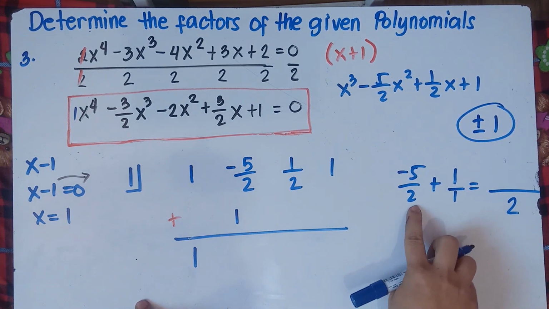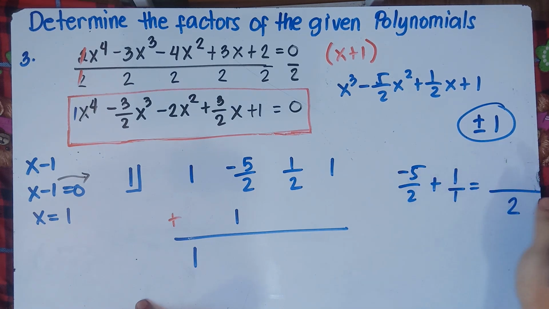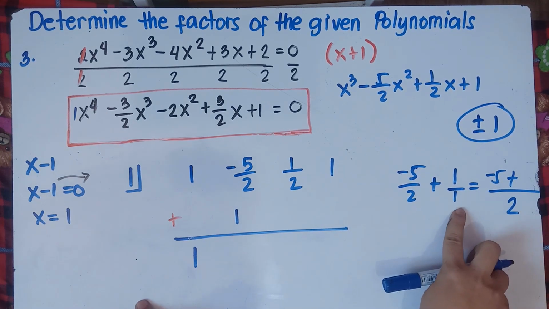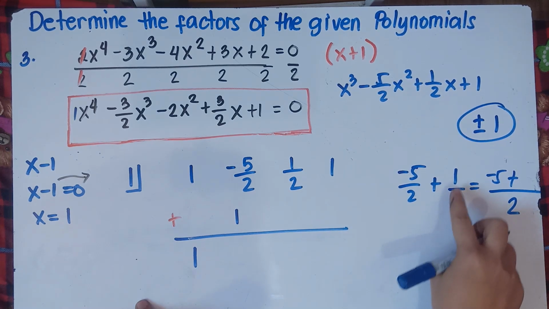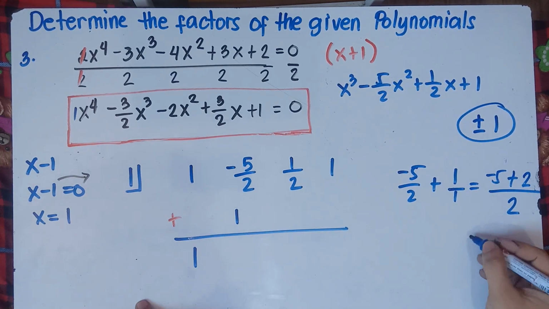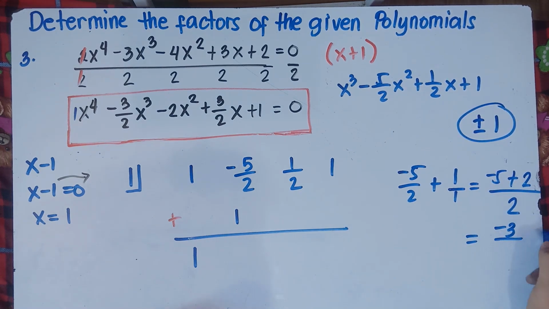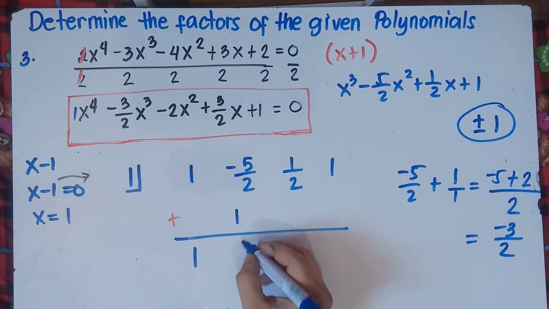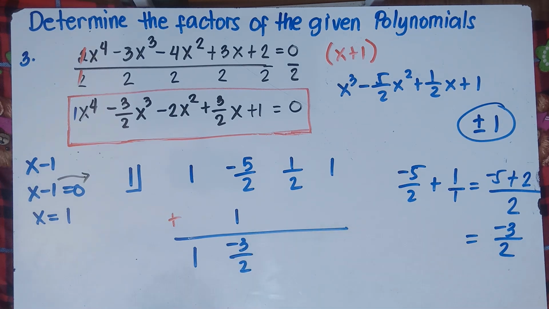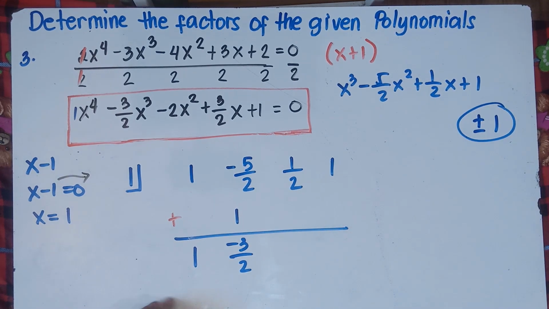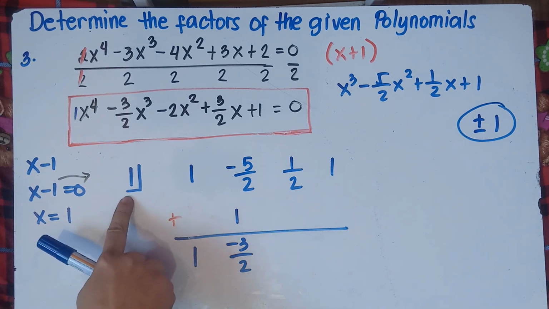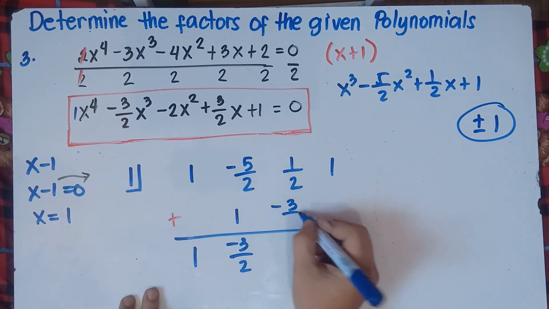So 2 divided by 2 is 1, times negative 5, that's negative 5, plus 2 divided by 1 is 2, times 1 is 2. Then you combine negative 5 plus 2, that's negative 3, over 2. So this will be negative 3 over 2. Then you multiply negative 3 over 2 times 1, that would be negative 3 over 2.